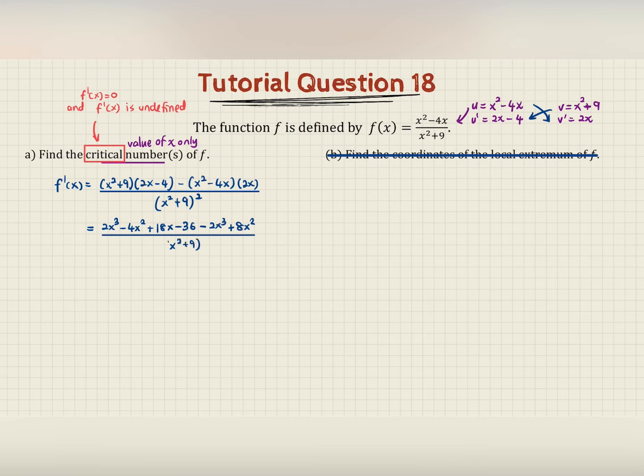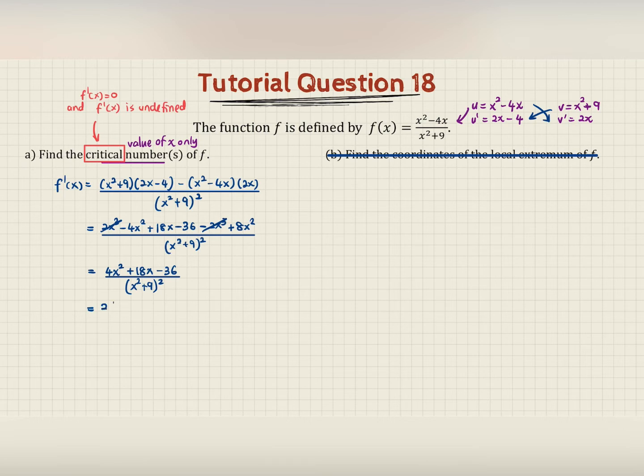Okay, so apa yang kita boleh potong kat sini? Okay, 2x cube minus 2x cube will be 0. Negative 4x square plus 8x square will be 4x square plus 18x minus 36 over x square plus 9 squared. Okay, sebab nanti kita nak cari value of x juga kan. So saya factorize dahululah.